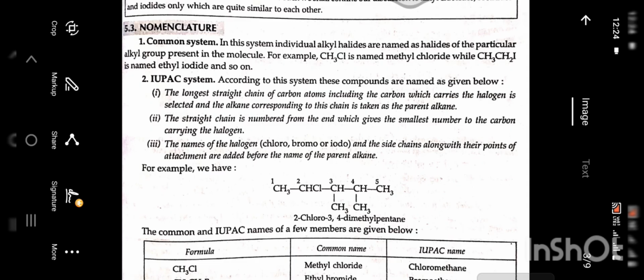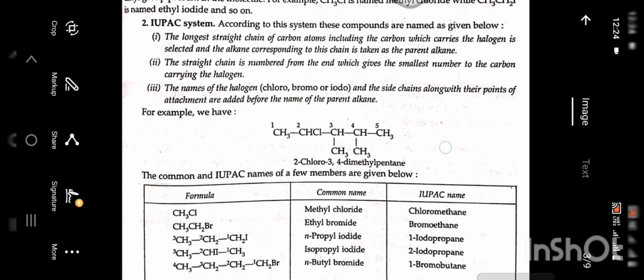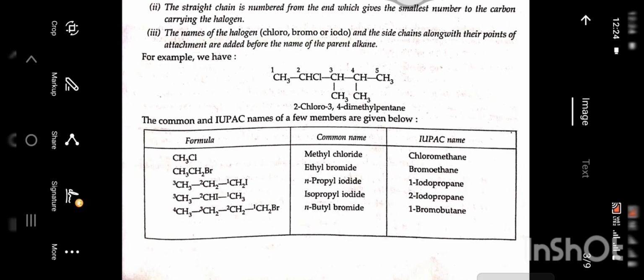Third: the names of the halogen like chloro, bromo, or iodo, and the side chains along with their points of attachment, are added before the name of the parent alkane. For example, 2-chloro-3,4-dimethyl pentane.